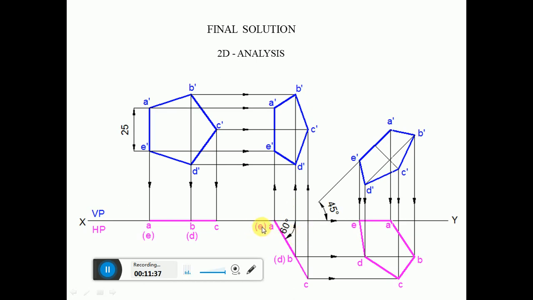Since both points A and E are parallel to VP, you can see in the vertical plane you are going to get the true length. That means the length of A dash E dash here is 25, and similarly the length of A dash E dash here also is 25.